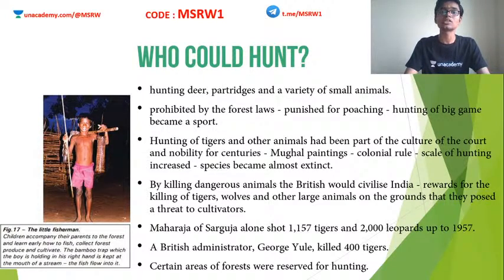They imposed restrictions on Indians, but they started doing hunting more and more, which means more and more animals started losing their life. And this indiscriminate hunting eventually led to the extinction of a wide variety of species. Clear? India lost a wide variety of species during the time of the British because of indiscriminate hunting.